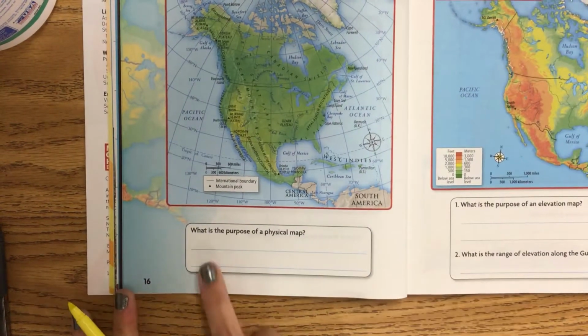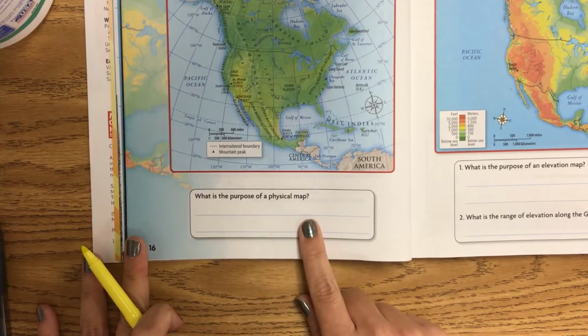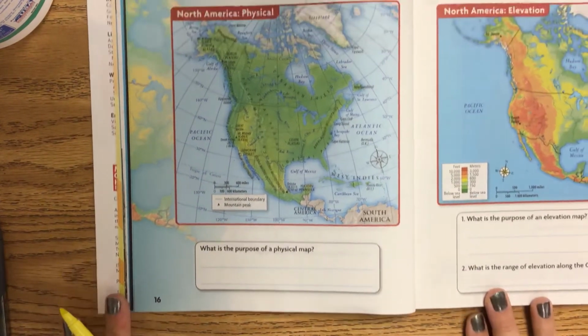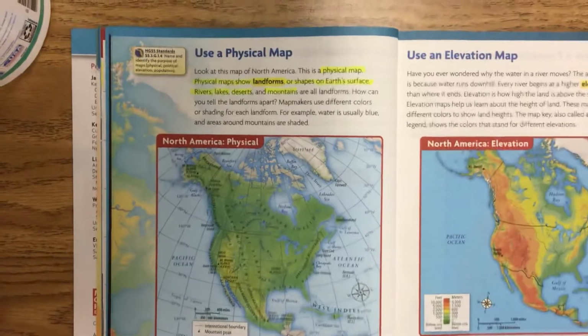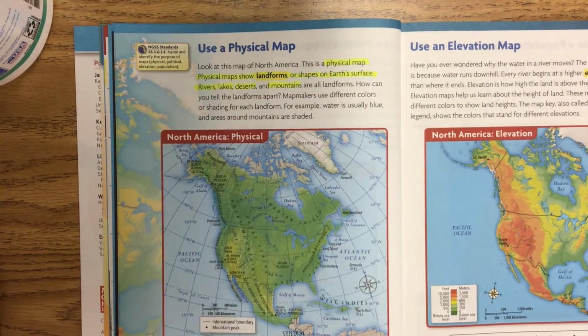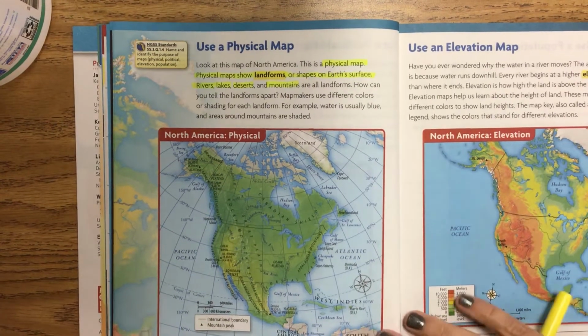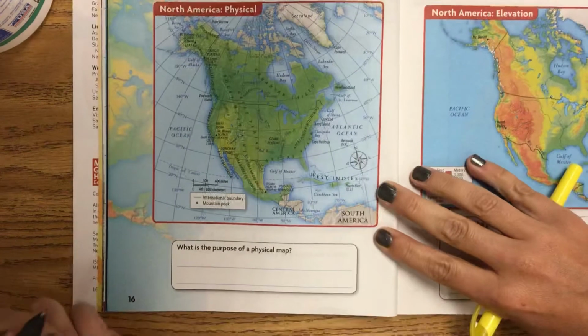So our question is, what is the purpose of a physical map? Now if I go back up here, remember it says physical maps show landforms or shapes on Earth's surface. So I'm going to write exactly what it says in my book.